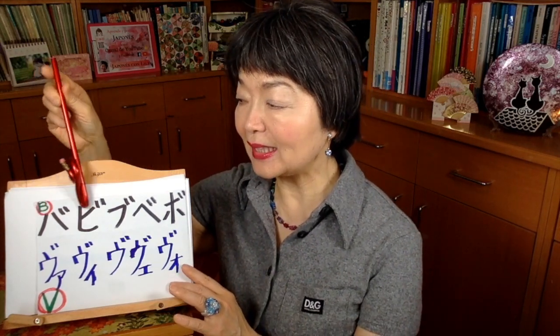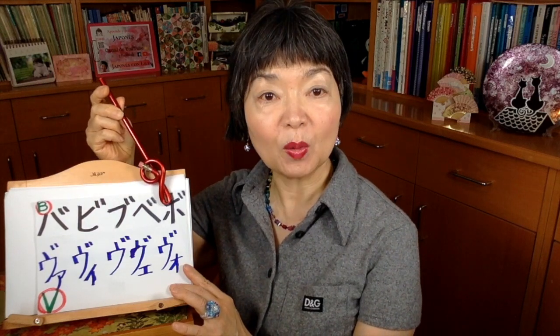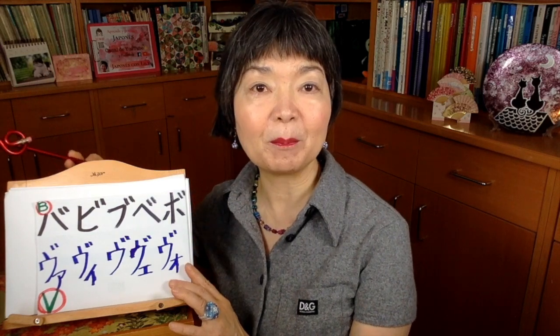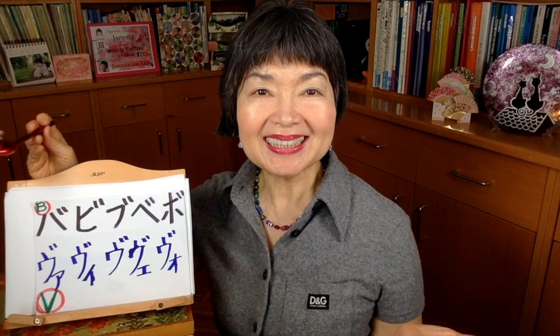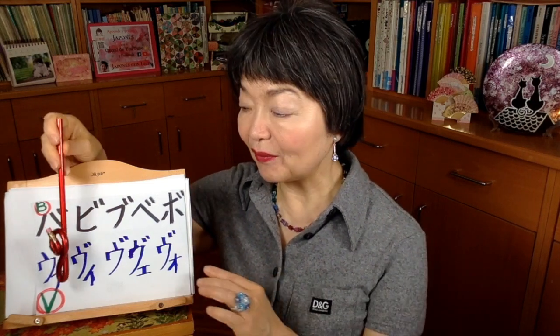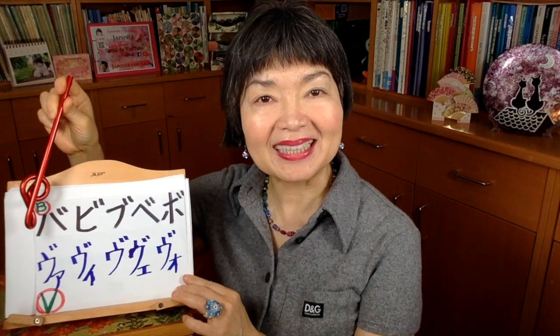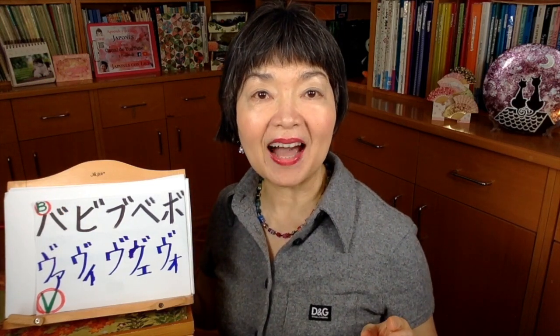For example, this first one, ba bi bu be bo, is with B sound. But in foreign languages, you've got V sound. So he invented it like this. U and ten with a, this is va with V sound.